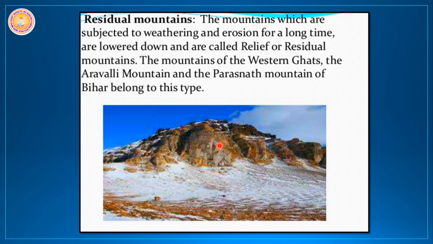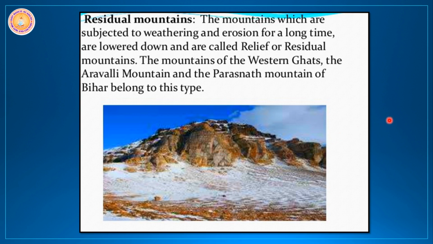This kind of feature is very common in central Spain, in western plateaus of USA. Here you can see the mountains of Western Ghats, the Aravalli mountains over here are examples of residual mountains. That is, after being eroded very badly, whatever residue or remains are known as the residual mountains.